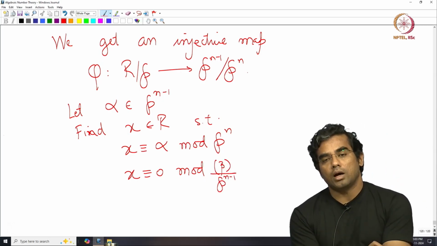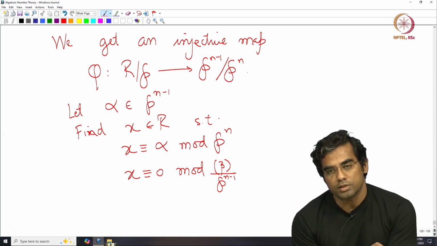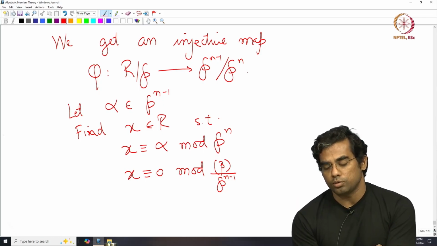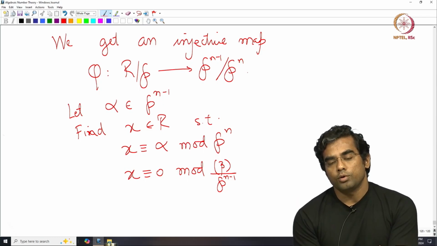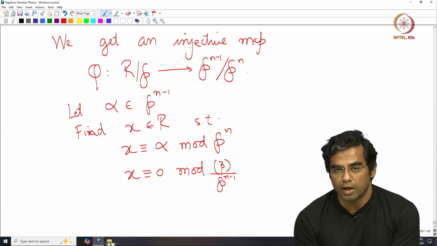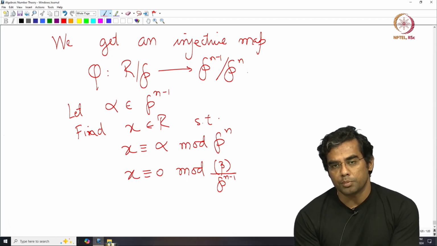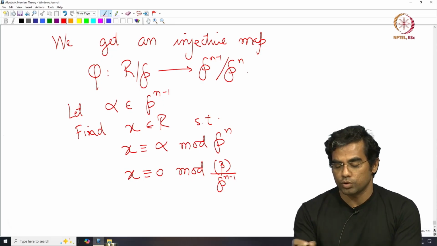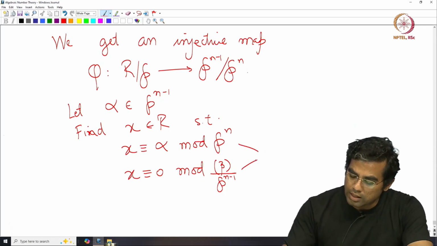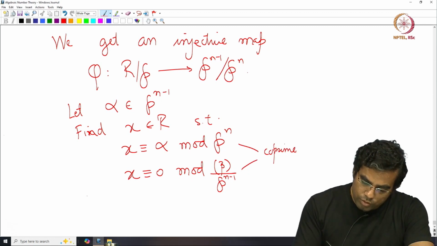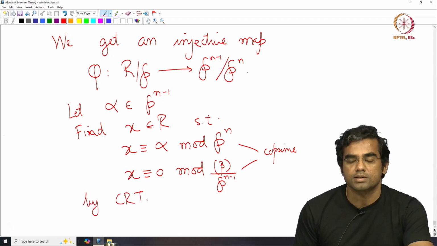Because beta is contained in P^(n-1), but not in P^n, if you take the prime factorization of the ideal generated by beta, P^(n-1) will appear in the prime factorization, but P^n will not. So, these two ideals are co-prime, and you can use the Chinese remainder theorem to find such an x.